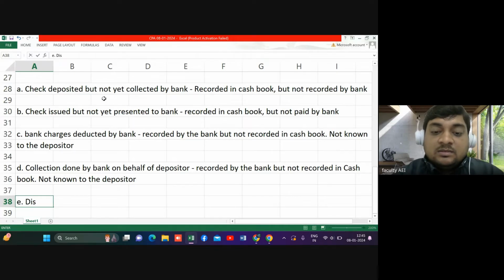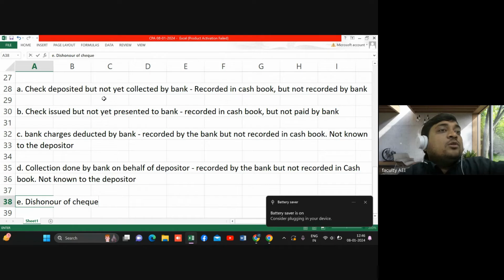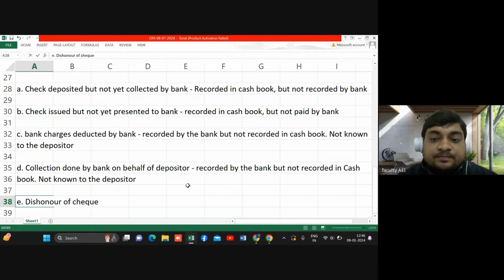We have dishonor of check. Suppose I have deposited a check received from my customer, and my banker will send it to the customer's banker, and the customer's banker returned it, saying that the person who has issued the check does not have sufficient balance.